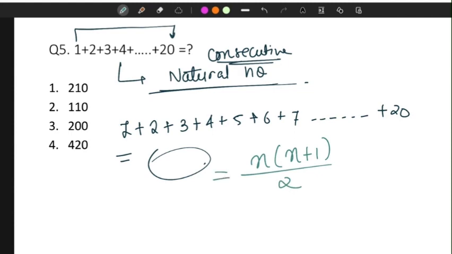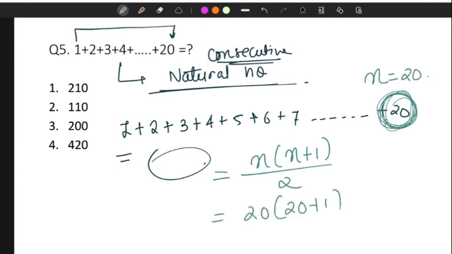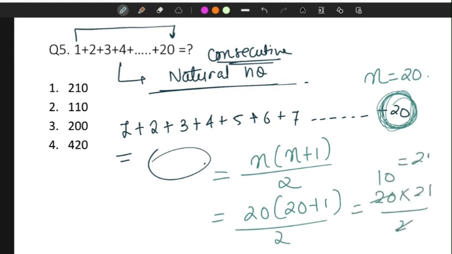So the summation of consecutive natural numbers is n into n plus 1 divided by 2. What is n here? The n is the last number up to which we have to find the summation. So n here will be 20. This will be 20 into 20 plus 1 divided by 2, that is 20 into 21 upon 2. This will give 210 as the answer for the given question.